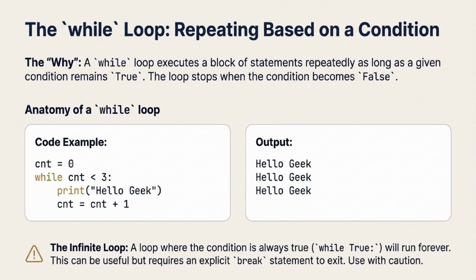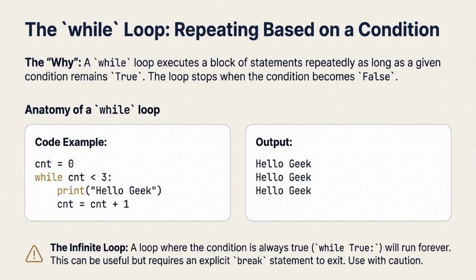Here, we start by initializing a variable called cnt, which is count, with the value 0. The variable is used to control the loop. The while condition checks whether cnt is less than 3. As long as this condition is true, the code inside the loop is executed.